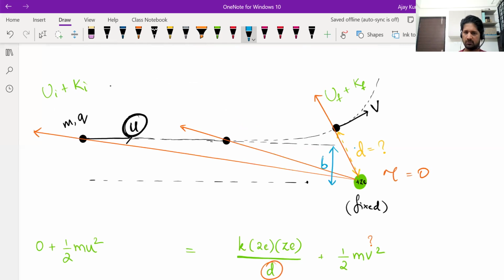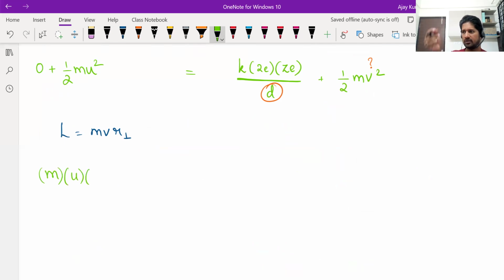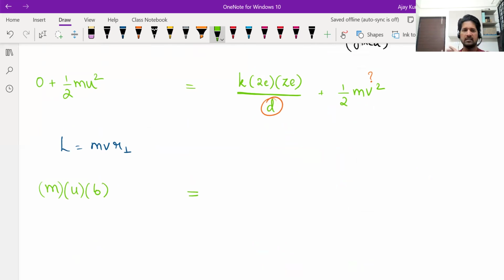Without that, you can't do these calculations. If you know how it is fired, only then can you tell how close it will get. So the initial angular momentum of the alpha particle is simply m, speed u, and the perpendicular distance from the line of action of velocity to the axis is the impact parameter b. This should be equal to the angular momentum at any other instant.